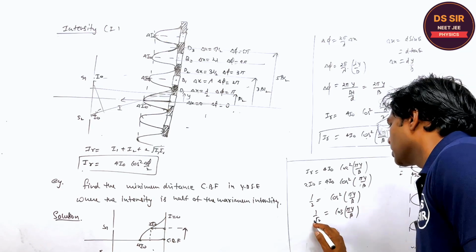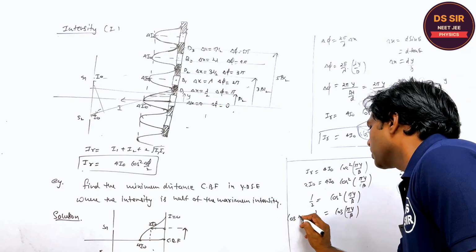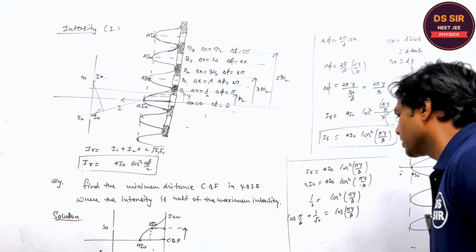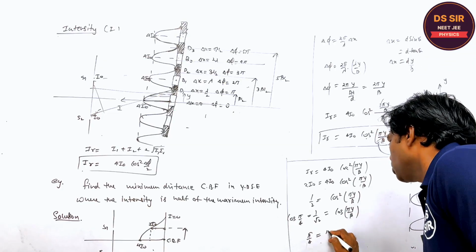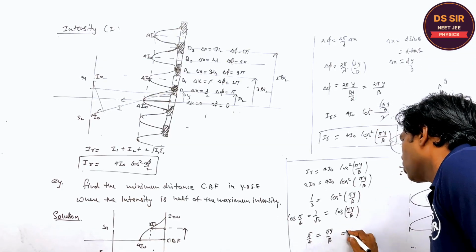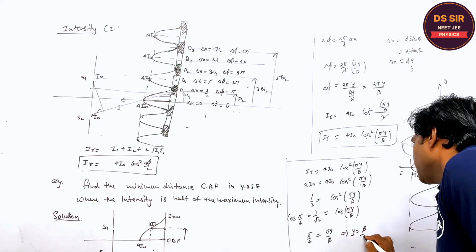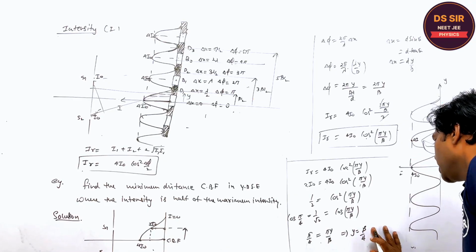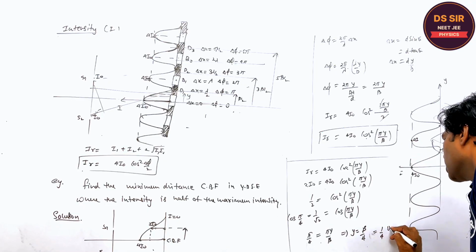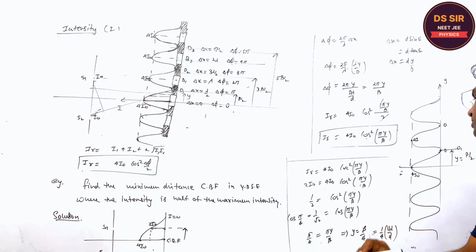Is it clear? So this is cos pi by 4. Are you getting? So pi by 4 is equal to pi y by beta. So what is the distance? Beta by 4, or sometimes it may be written as 1 upon 4 into lambda D over d. This is the distance. Are you getting or not?